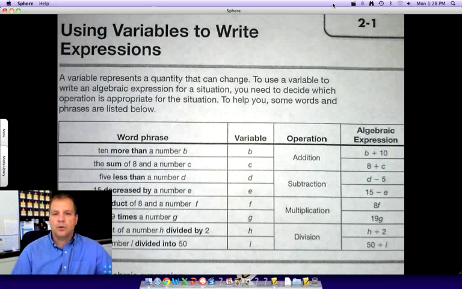Try to come up with other ways to show those operations or other word phrases used when working with problems using those operations. So again, open up a document, add some other word phrases to those operations, and then please share your Google Doc with me. And then, of course, turn in your assignment through Google Classroom.